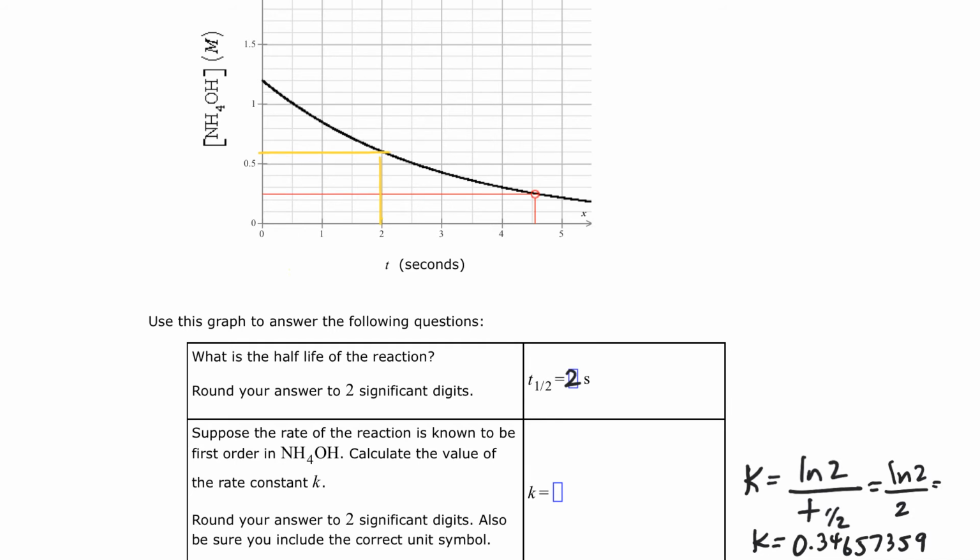Okay, and they're asking us to go to 2 significant digits, so that's going to be K is going to equal 0.35. And then what's my units? Well, my units is seconds here, 2 seconds, so it's going to be seconds to the -1. Okay. And then the last one is pretty simple.